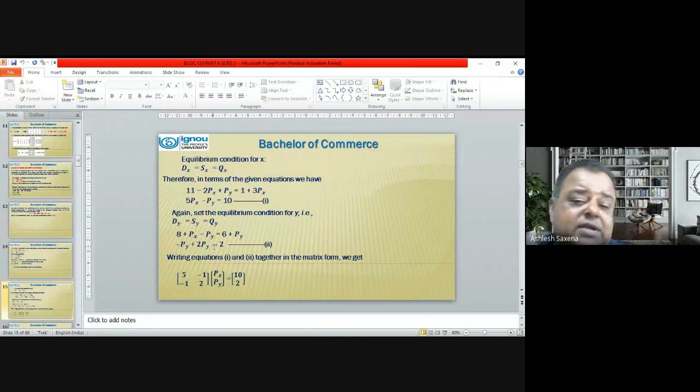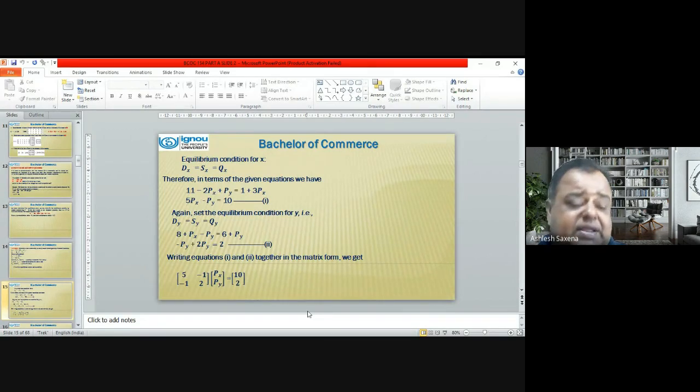That means it is a 2 by 2 matrix. Here you can see we have two prices Px and Py, and on the right side of the equation we have two constant numbers 10 and 2. So this is how it is written.